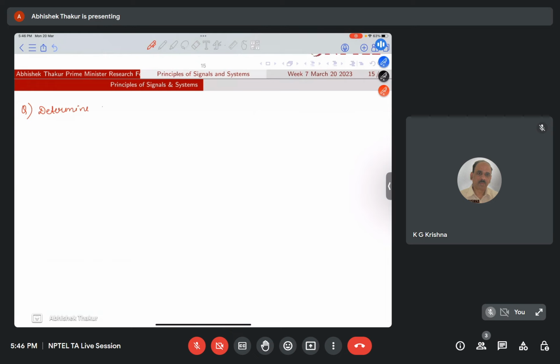Determine the Fourier transform. The signal is given as this.